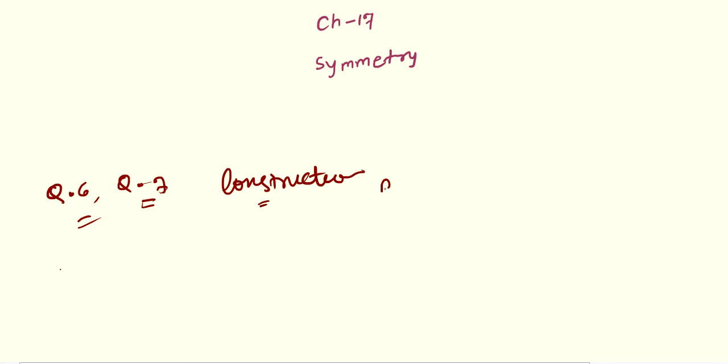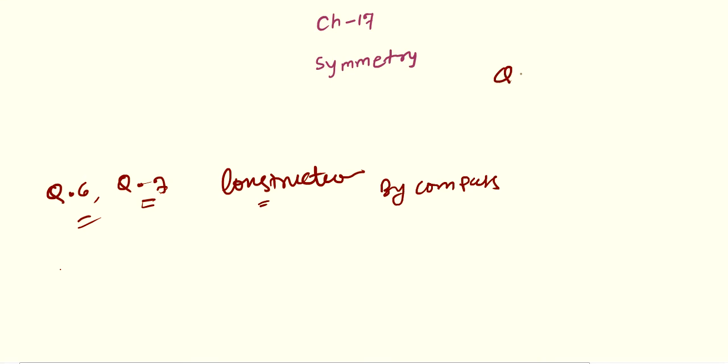The same I have explained you. Then question number 4, 5 you can solve. Question number 6 and question number 7. In question number 6 and 7, construction of triangle is there. So first you have to construct triangle by using compass. Okay. Then line of symmetries you have to draw.